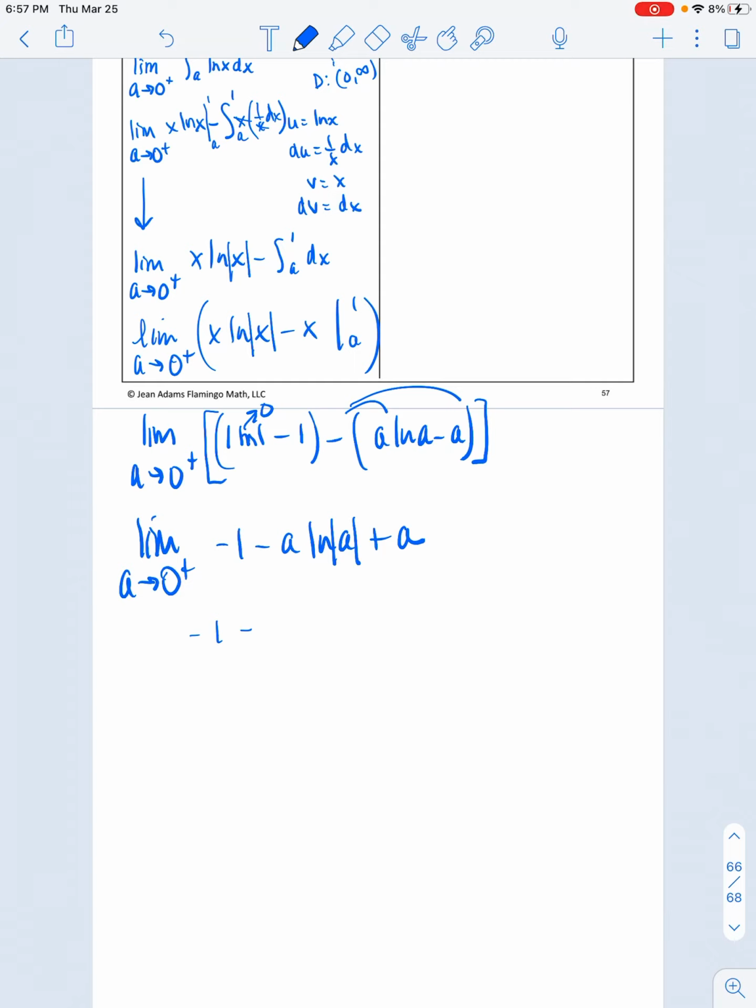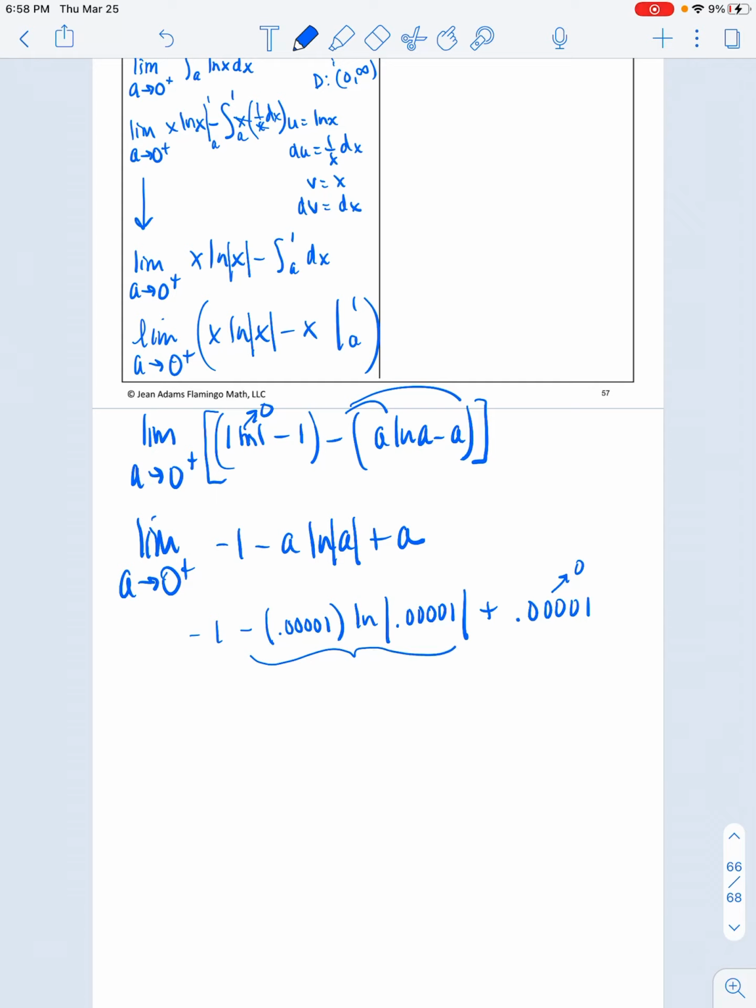So when I put this 0 in, I've got negative 1 minus. Now remember, you're approaching values that are going to be very small. So you're approaching it, it's going to be like 0.00001 or something like that, times the natural log of the absolute value of 0.00001, right? Plus 0.00001. So this obviously is approaching 0, and we don't have to worry about it.